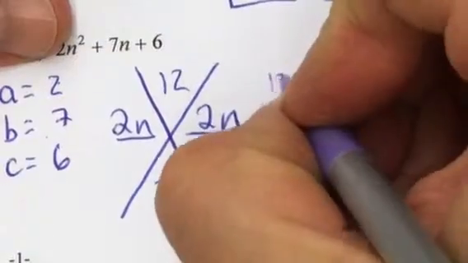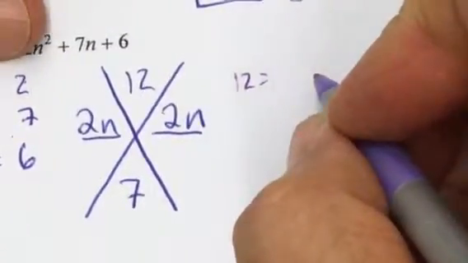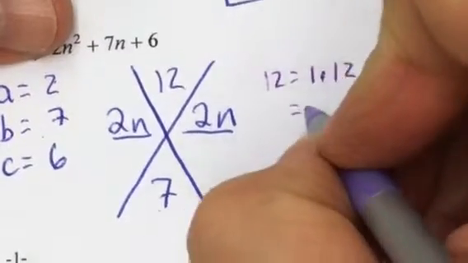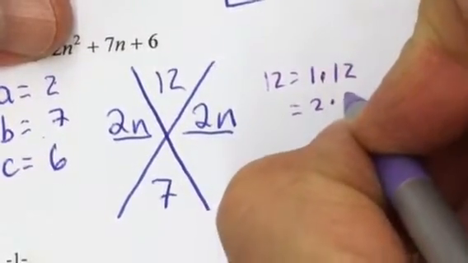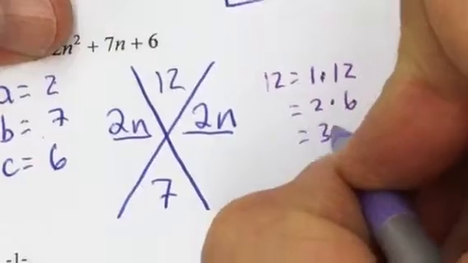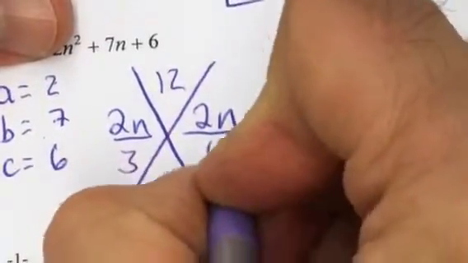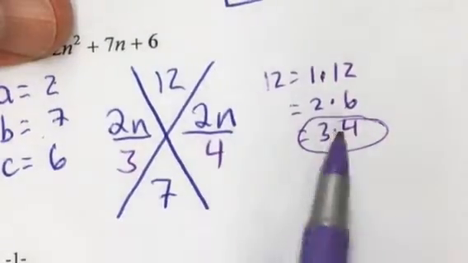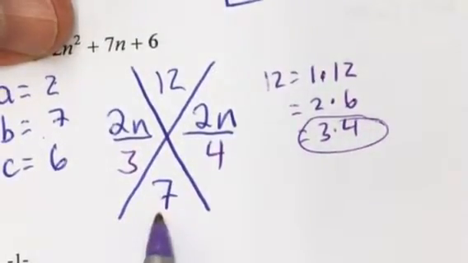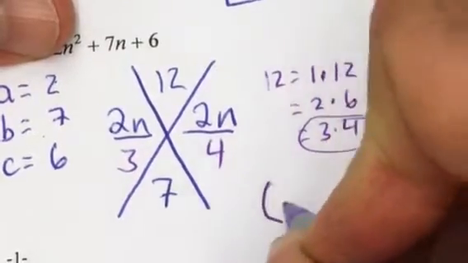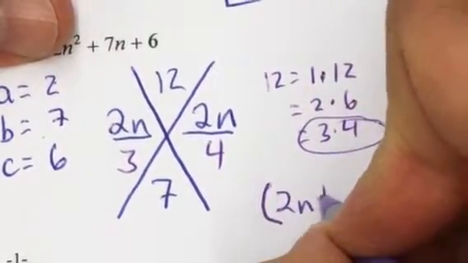So I got 12 equals 1 times 12, 2 times 6, 3 times 4, got it, 3 and 4. 3 plus 4 is 7. My factors are going to be 2n plus 3.